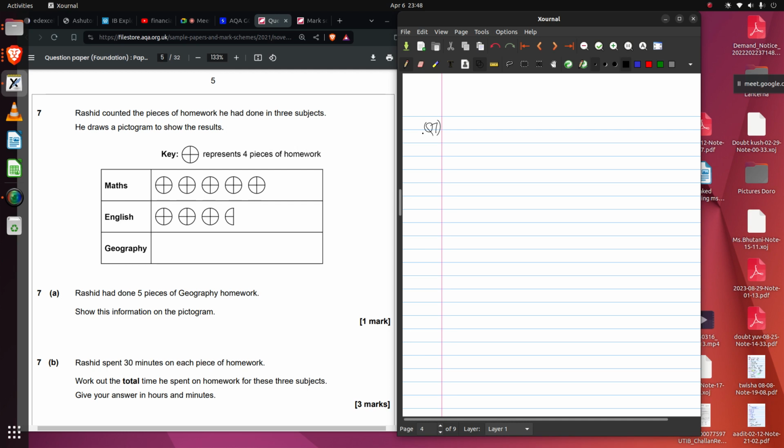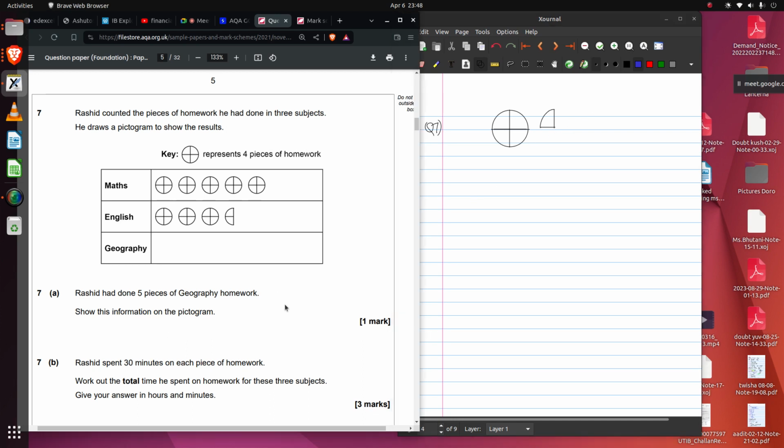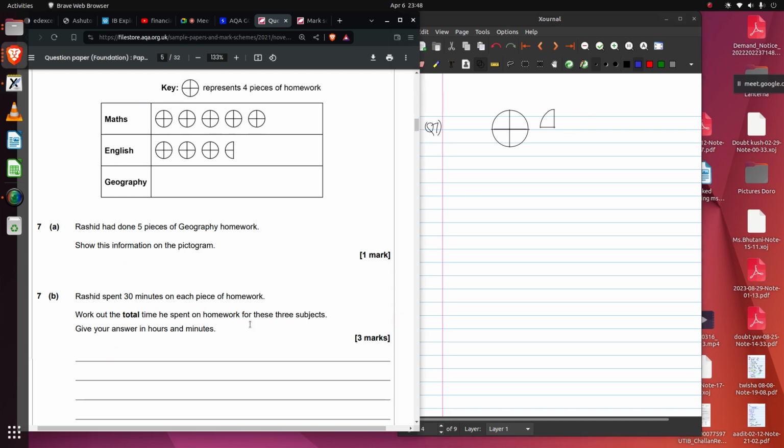So here how do you represent geography? 5 pieces of homework. So Geography, you do one. So you'll do 4 and then a quarter. So like one piece. That is your answer? Yeah. Next.